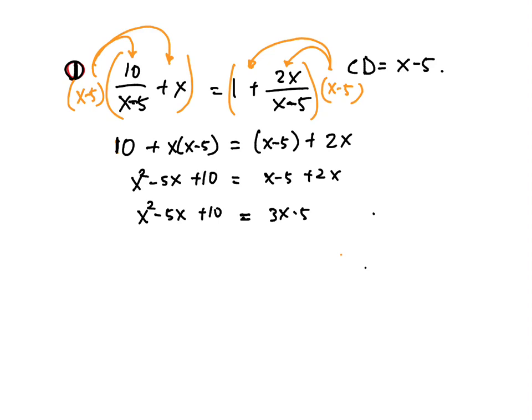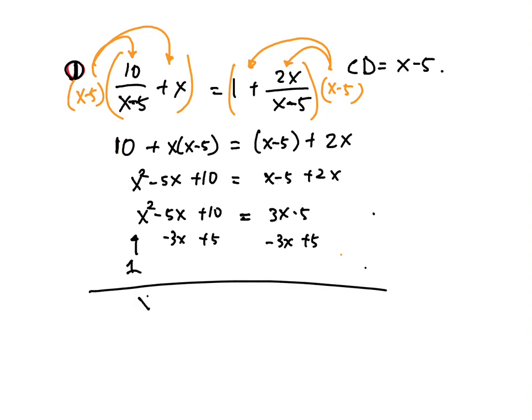Now from here, I don't really care which method you use. I'll probably set it equal to 0 just because the number in front of x squared is 1. Hopefully it's factorable. We'll see what happens. I'm going to minus 3x on both sides, and I'm going to plus 5 to both sides. I get x squared minus 8x plus 15 equals 0.